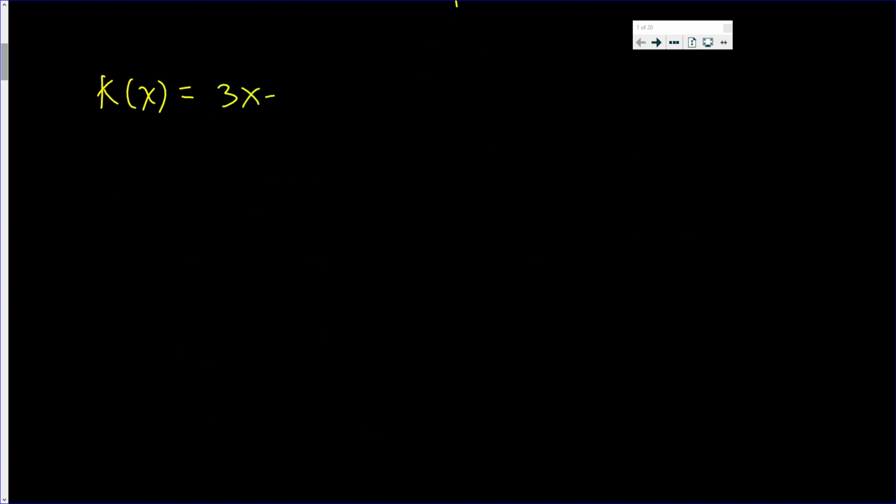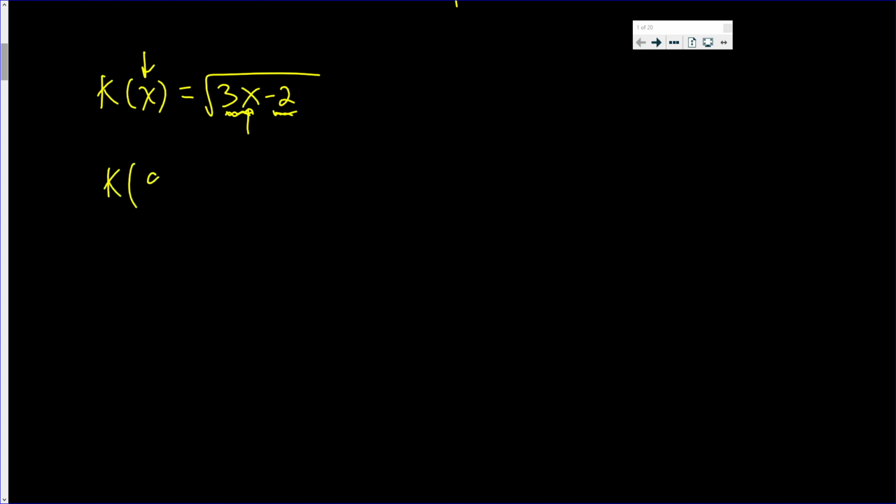If I have the function called k, and k of x is this. What does k do to what's in the brackets? It multiplies it by 3, and then it takes away 2. Then it takes the square root of the whole thing.